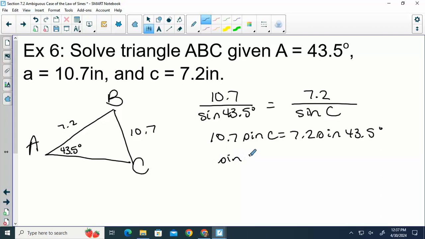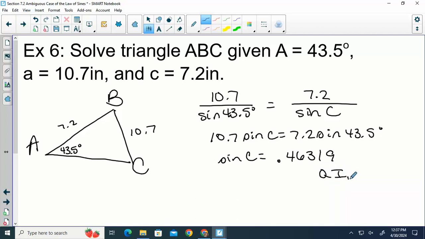And divide. You get 0.4631. Is that possible? Yes, so we'll get a triangle.